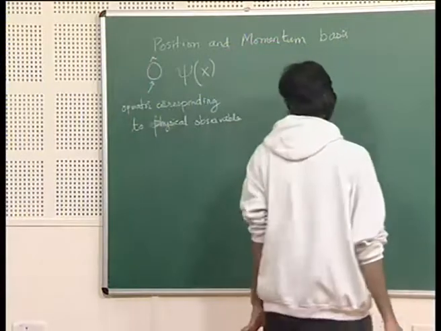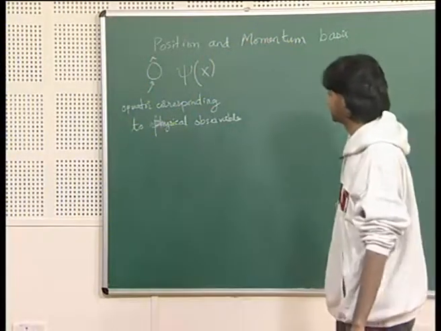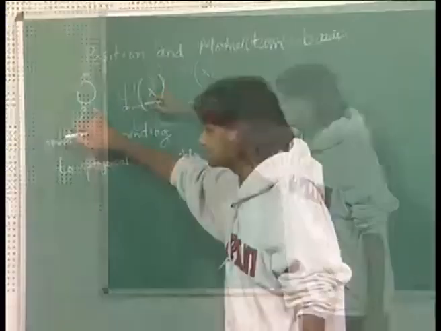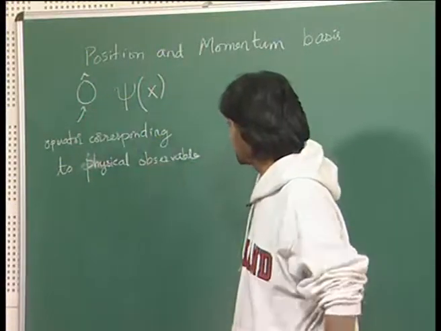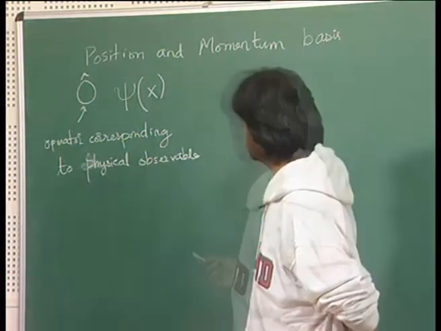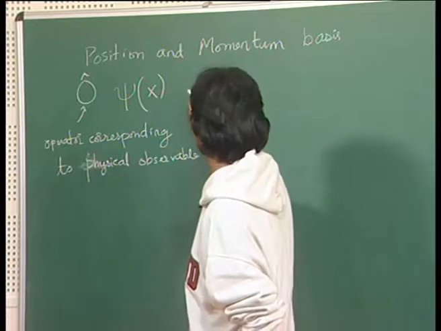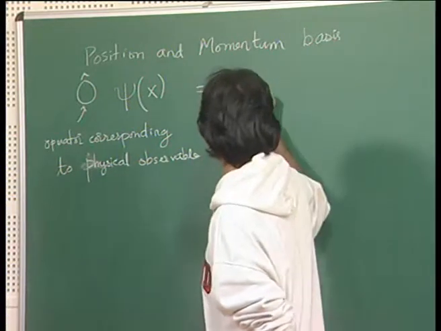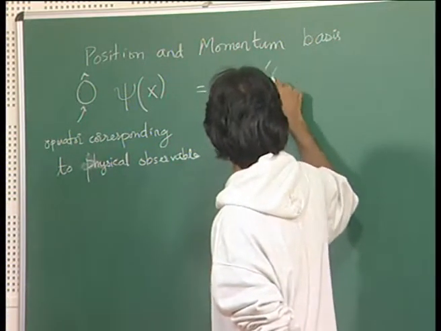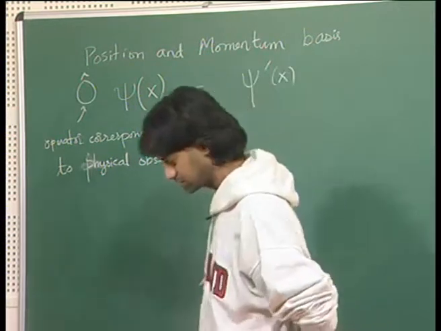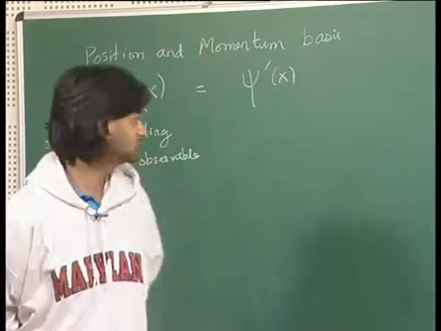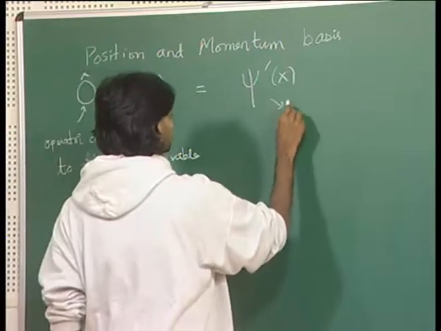So, this is the operator corresponding to the physical observable, and if you have an operator acting on a wave function, then this gives you some other function, psi prime of x. So, it just gives you some other function.